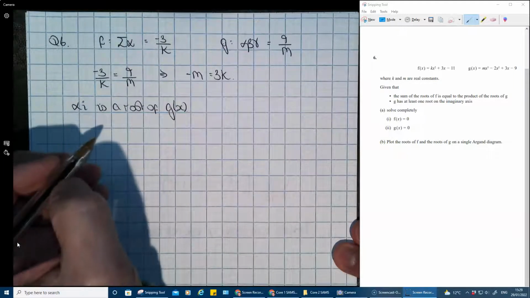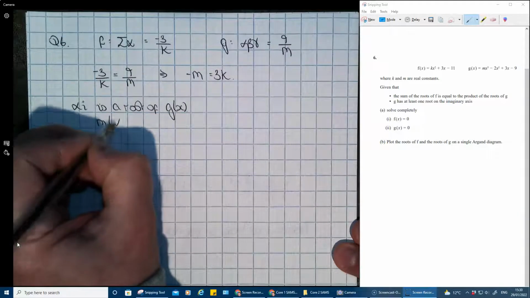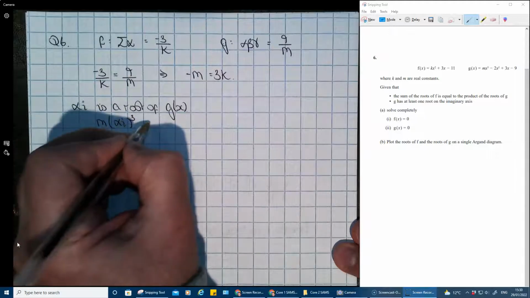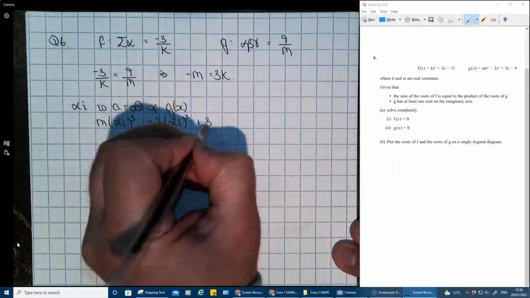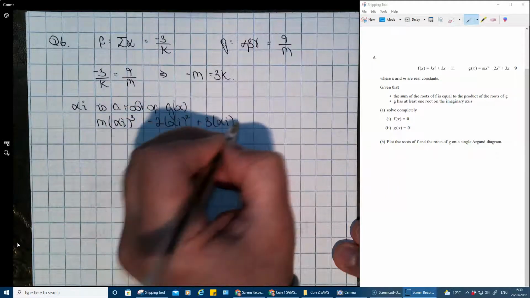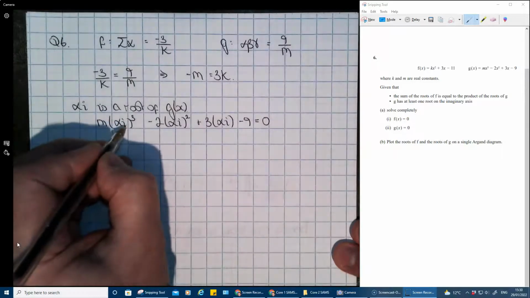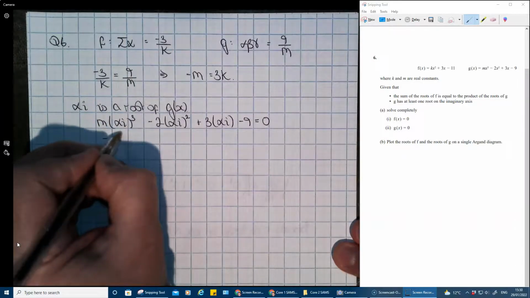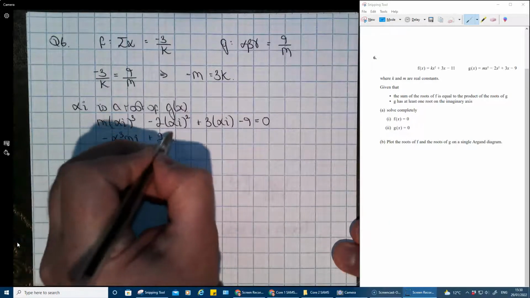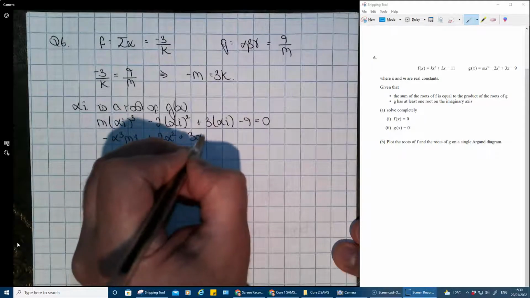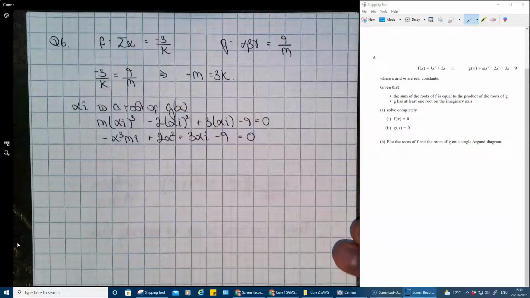If I plug that into g of x, I get m lots of alpha i cubed, expand that, i cubed is minus i, so I get minus alpha cubed m i, plus 2 alpha squared, plus 3 alpha i, take away 9 equals 0.